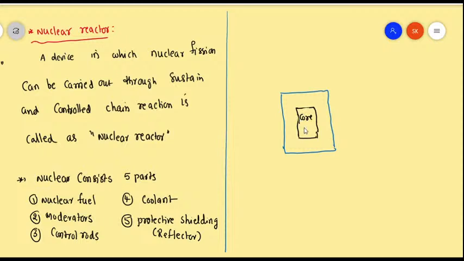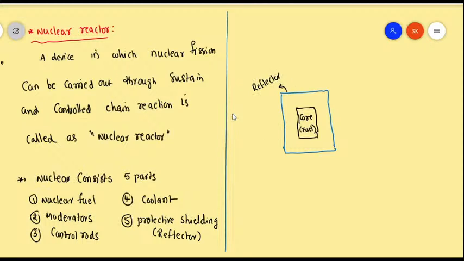In the core, fissionable material will be there. Fuel will be there; it consists of fuel. The core is surrounded by a layer that is called the reflector. We said the fifth part is the reflector.